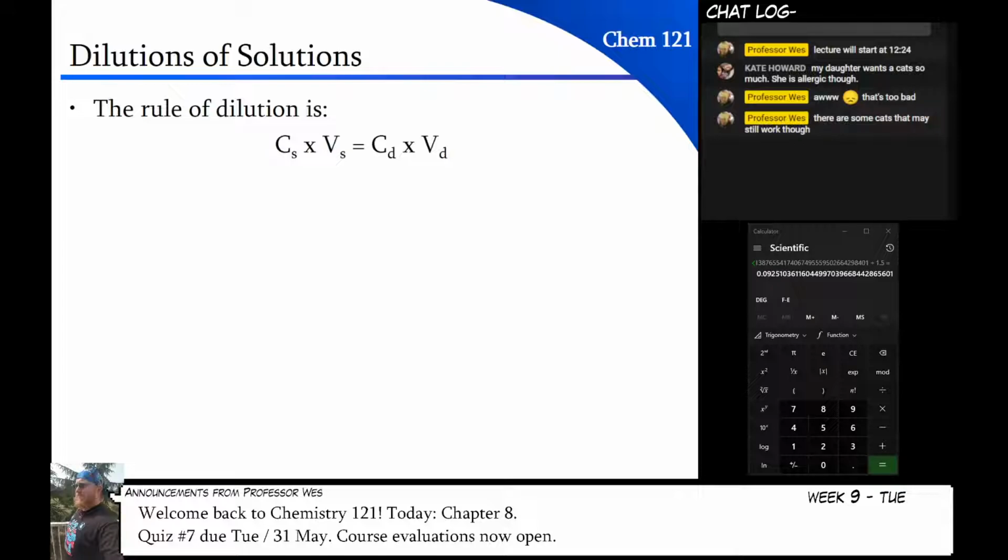For diluting solutions, we're going to use this formula. So the formula is CSVS equals CDVD. So what does this mean? We're going to draw a line down the center here. S is the stock side of the equation, or in other words, what you have already in the stockroom, or your supply room, or whatever.